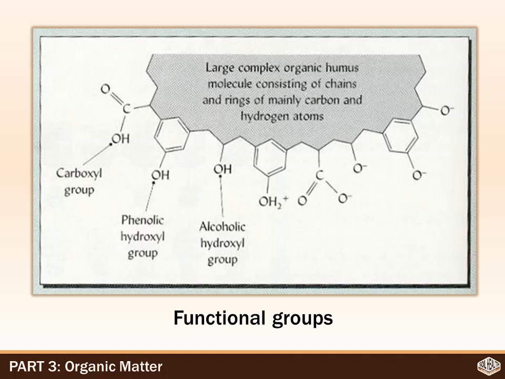Revisiting the charge that is related to cation exchange capacity, which we just spoke of, these are the types of chemical groups found at the periphery of humic substances.